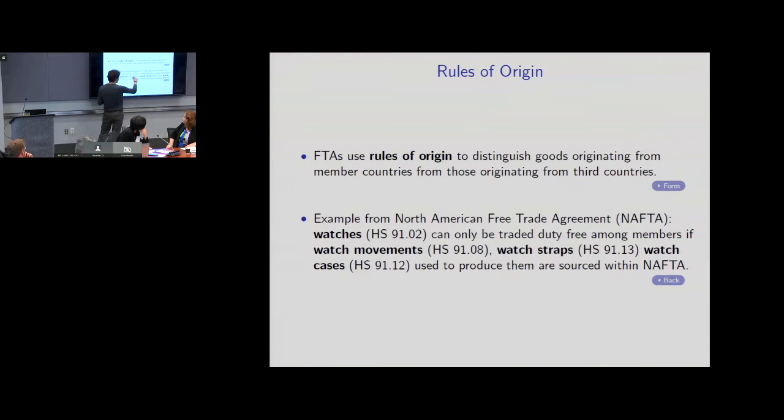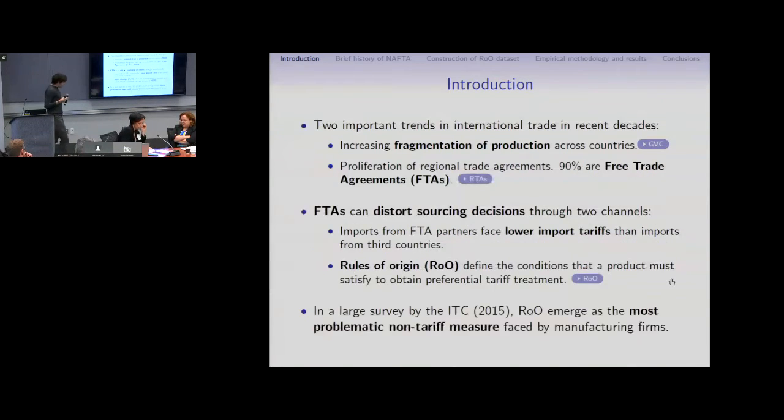In this case, you're going to have watch movements, watch straps, watch cases. So if there is, for instance, a Mexican producer who wants to produce watches, then this Mexican producer has to source all these intermediate goods within NAFTA in order for this producer to enjoy preferential treatment when exporting watches, for instance, to the US. So this is the type of rules of origin we're going to be thinking of.